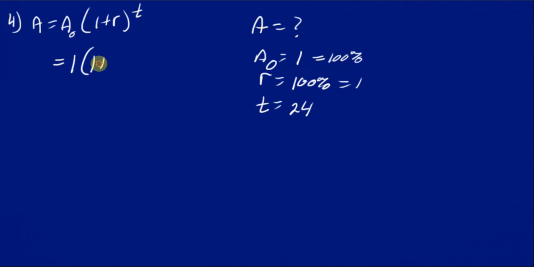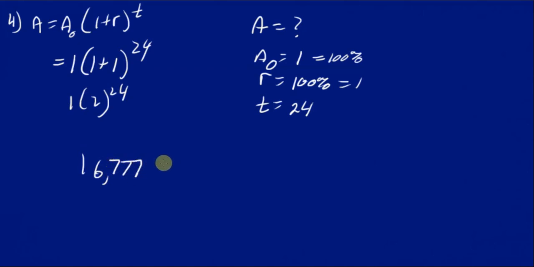This 1 plus the rate, the doubling is 100% or 1. And I'm going to raise that to the 24 power. So it's going to be 1 times 2 to the 24, or that's 16,777,216. So there's the power of exponential growth.